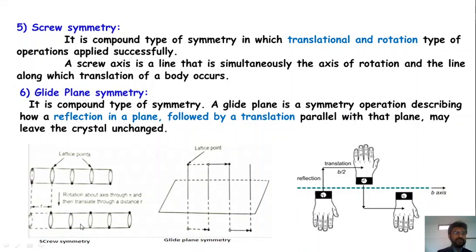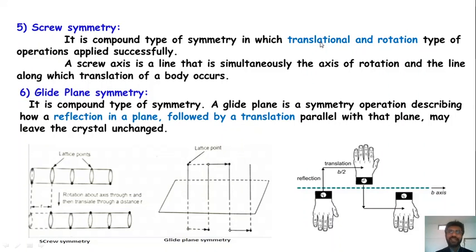Suppose here this is the screw. If we consider the lattice point on the threads here, this is the one point. When it gets rotated, what will happen here? It will get translated. That means in this operation, we can observe 2 types of symmetry.